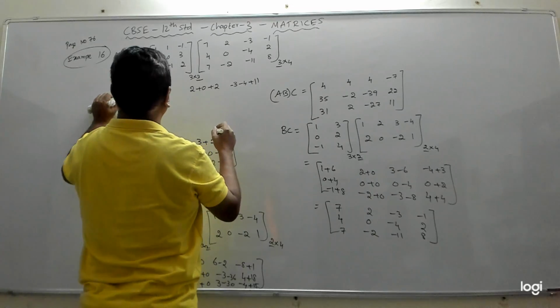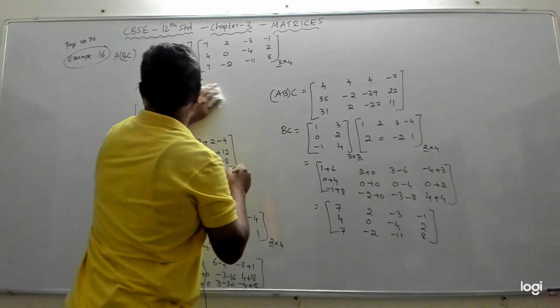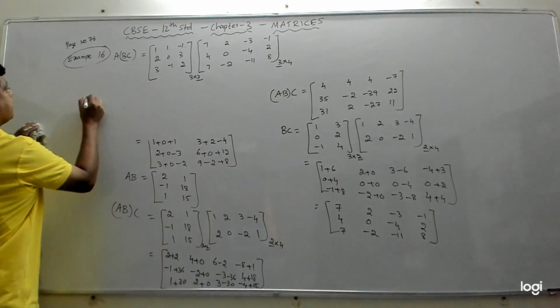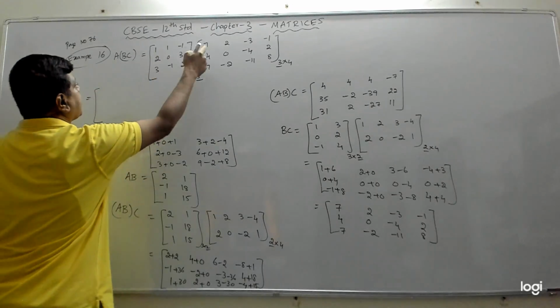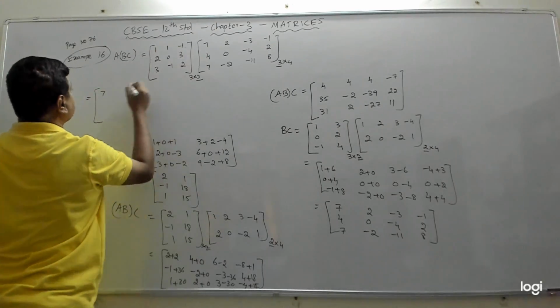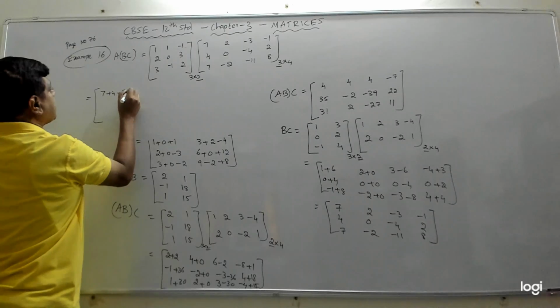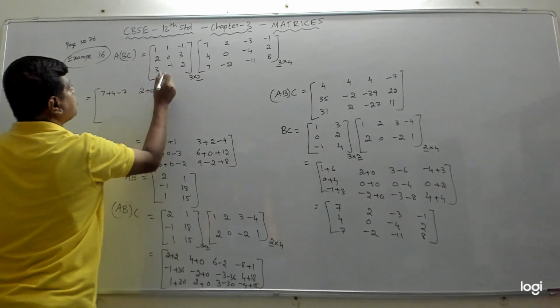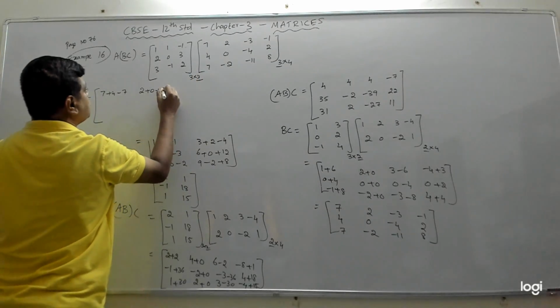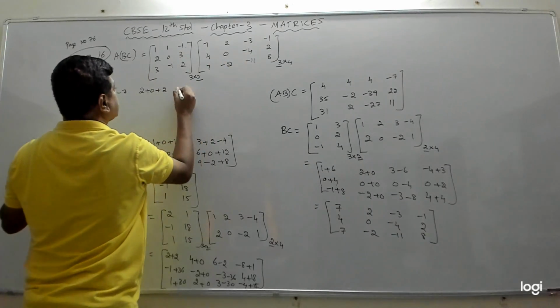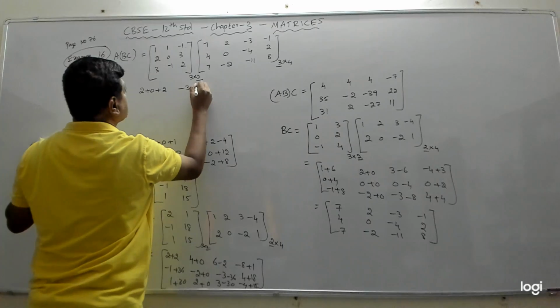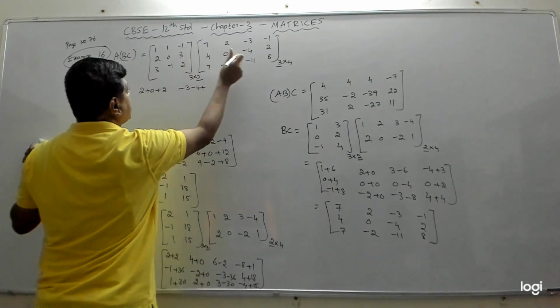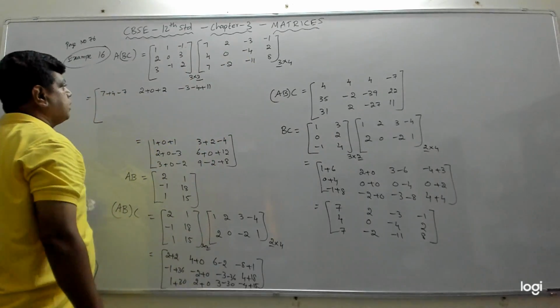Fine, then we have, let me write it on this side. Multiplication of this is 1 times 7 is 7, 1 times 4 is 4, minus 7 times 1 is minus 7, 1 times 2 is 2, 1 times 0 is 0, minus 1 times minus 2 is 2, and 1 times minus 3 is minus 3, 1 times minus 4 is minus 4, plus 1 times 11 is 11.